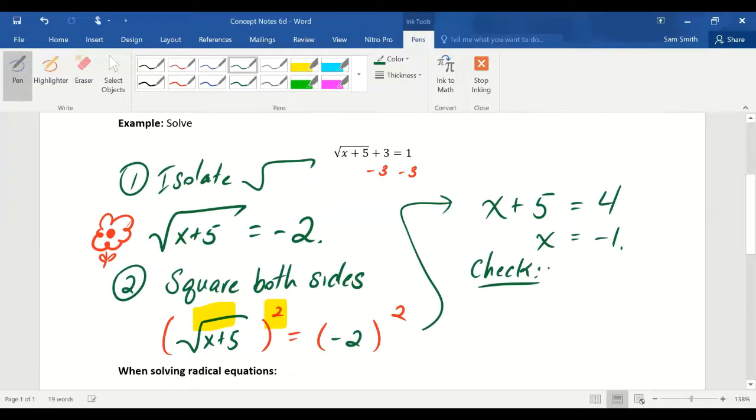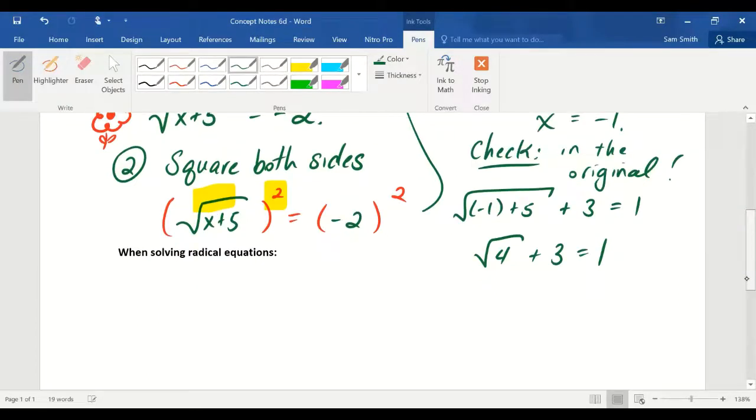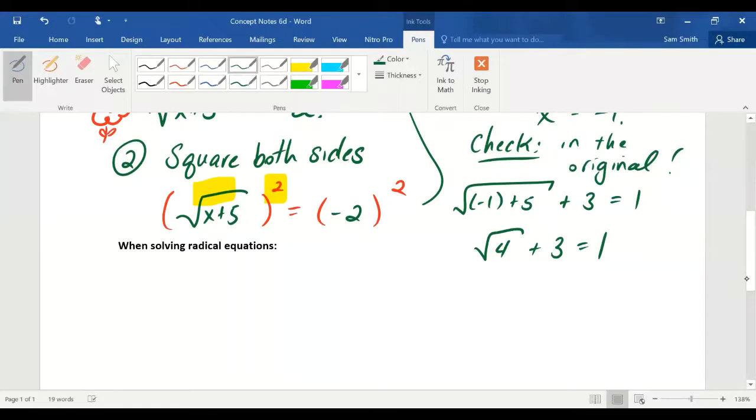Let's check by plugging this back into the original, the starting equation. So if I plug in negative 1 plus 5, square root of that, plus 3 equals 1, negative 1 plus 5 is 4. Now what is the square root of 4? The square root of 4 is 2.